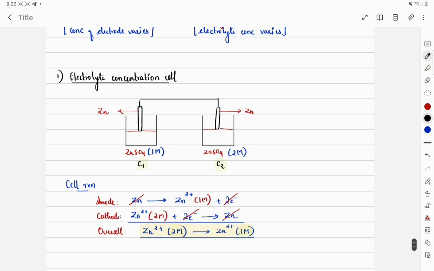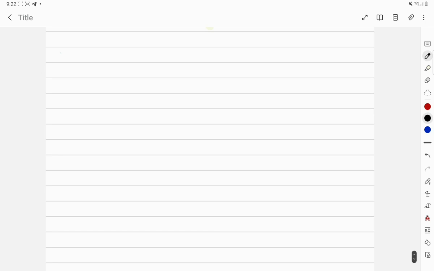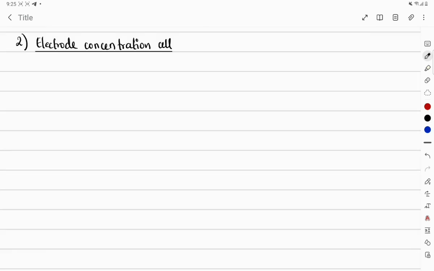Now in exactly the same way we have to study the electrode concentration cell also. Well, let's look at the second one, which is electrode concentration cell. Just the opposite of electrolyte concentration cell. In this case, we will be having the same concentration of electrolyte in the anode and cathode, but the concentration of electrodes will be different, just as the name suggests.